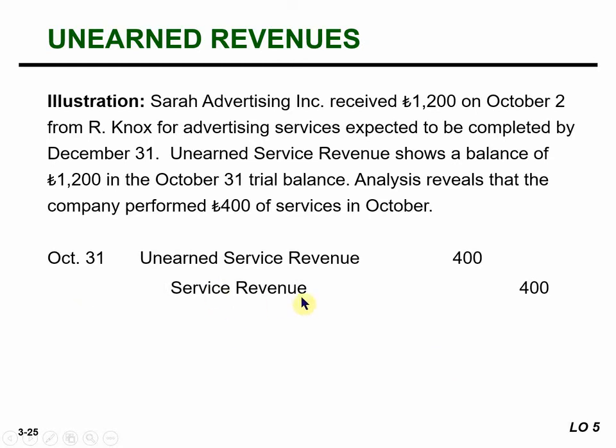So crediting service revenue means that we are recording revenue for the month. So revenues for the month of October increased by 400. While debiting unearned revenue or unearned service revenue means that we are decreasing the liability or the unearned revenue balance.